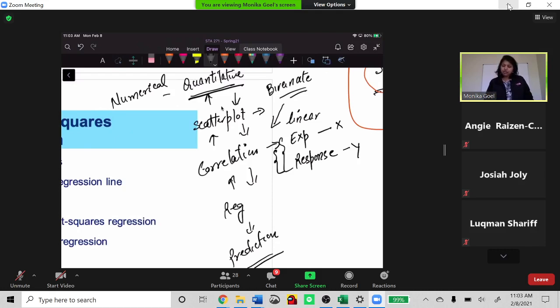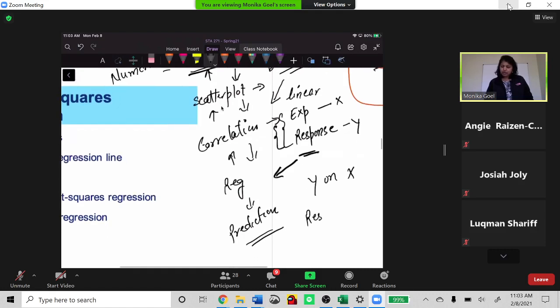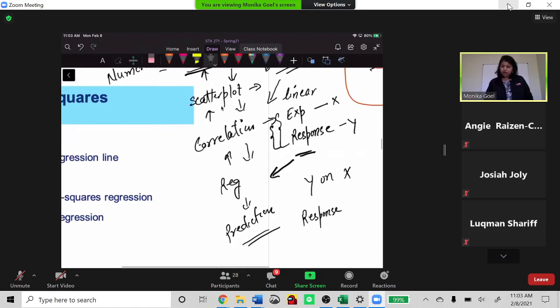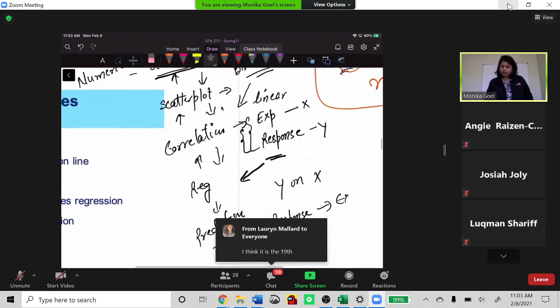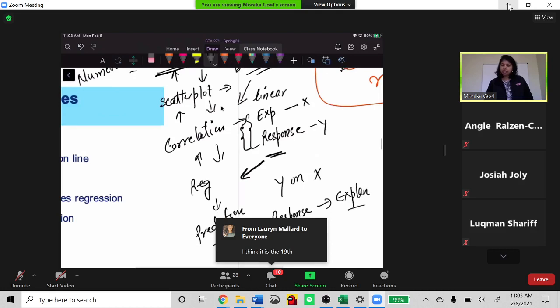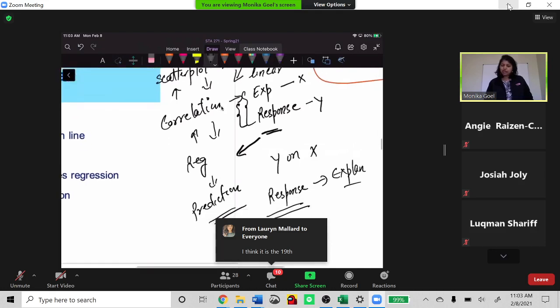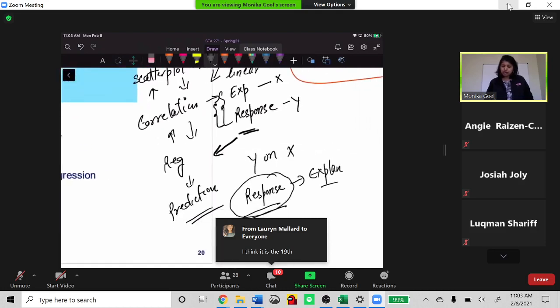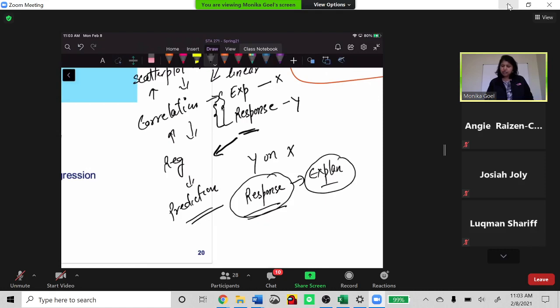Once we see there is a linear relationship going on, then we use the least square regression line to predict the value of y on x. Or in other words, you can say that we need to check the response using the explanatory variable. So when we are predicting or looking at the value of the response variable, the distinction between response and explanatory variable is necessary, a must.